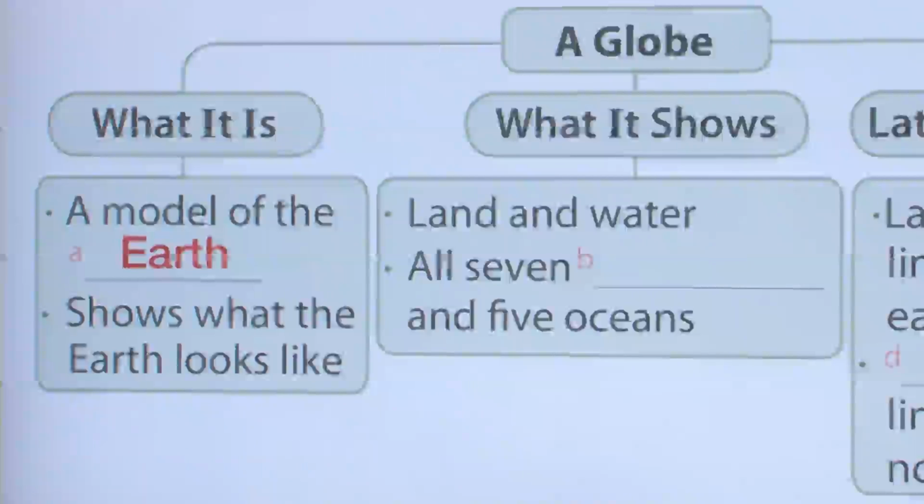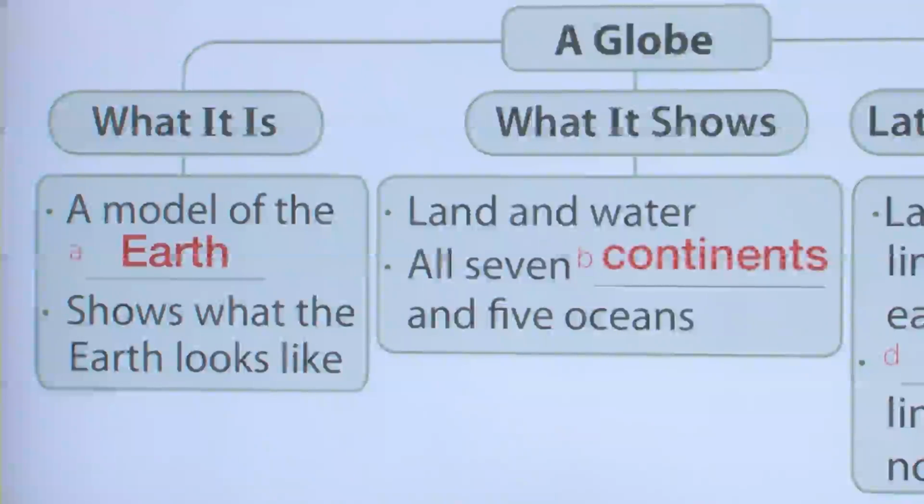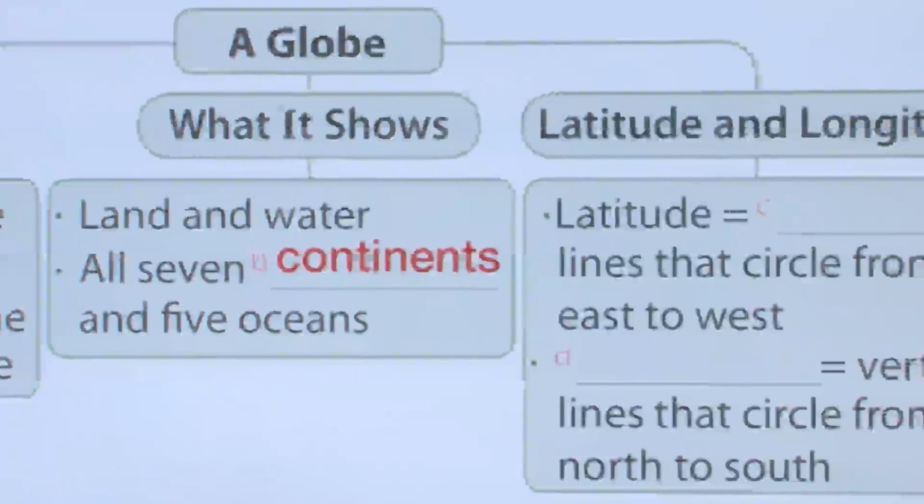And it shows what the Earth looks like. It shows land and water, all 7 blank and 5 oceans. 5 oceans and 7, what are they? Continents, the land, all 7 land pieces, the big continents.